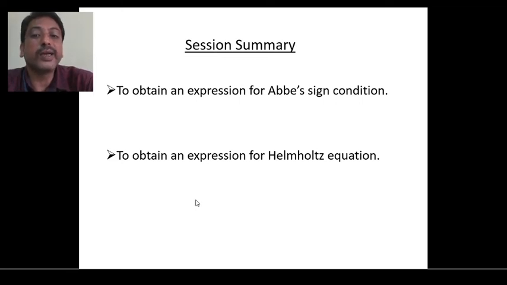Then only these 2 points S1 and S2 can be considered as aplanatic points. So this is the simple example. Here I have written that the 2 foci of an ellipsoid of revolution are an example for aplanatic points, right?